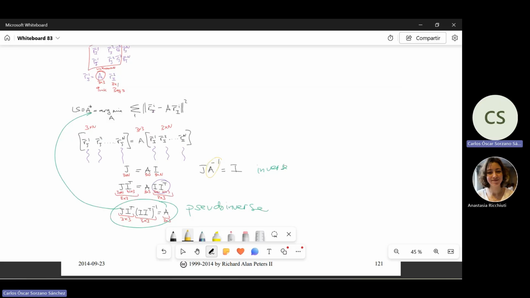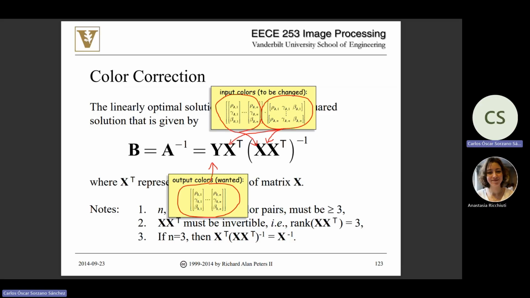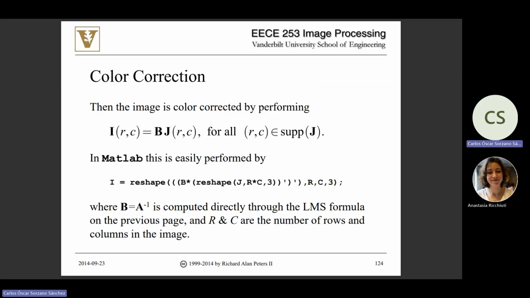This is multiplying J, this is multiplying J. So this yellow thing is the pseudo inverse. Okay, so the formulas are the same. Different notation, but it is the same idea.